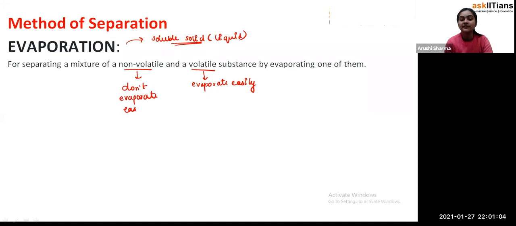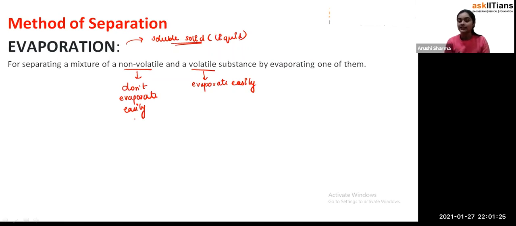Now you will say, ma'am, what are you talking about, evaporation? So my dear students, evaporation is a technique in which, for example, you have a mixture of salt and water. If I ask you to separate the salt from the water, you can take a pan, pour that solution in the pan and start heating it.